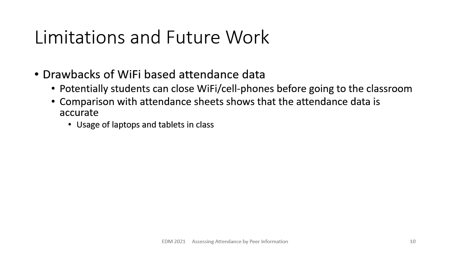First, in the university of this study, usage of laptops and tablets in the classroom is popular. All these devices are included when calculating attendance. Secondly, many students in the university also have the habits of checking news or social media before and after class.